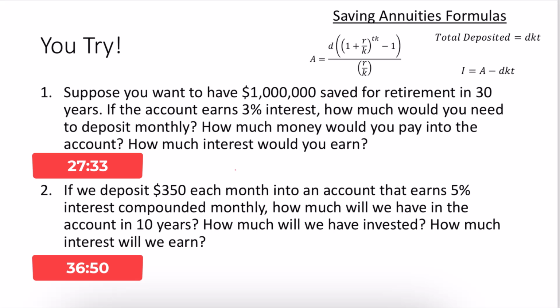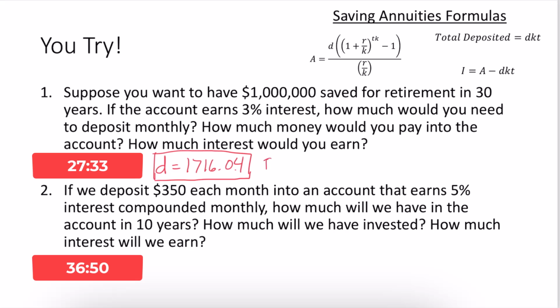Okay, so on question 1, our first question that we were asked is how much money would you need to deposit monthly? So that amount works out to be $1,716.04. So that's the first answer. Then the next question says how much money would you pay into the account?